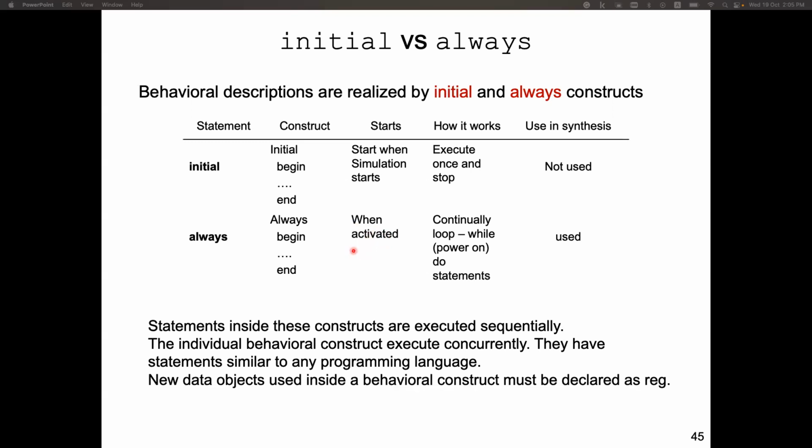Always starts when activated. Initial executes once and stops, and is not used in synthesis. Always loops continuously, like a while loop, and is used in synthesis. The statements inside these blocks are executed sequentially, just like a C program.